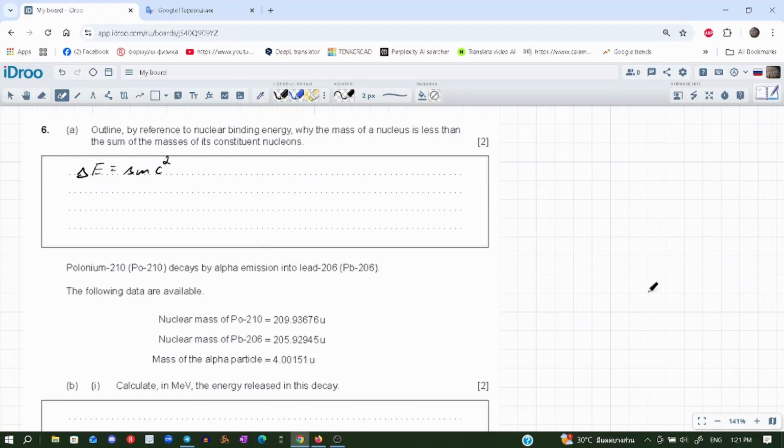So if we want to separate them, we have to spend some energy on it. And this energy that is released when nucleons come together, this is that mass defect. We call it a mass defect. That's why the mass of a nucleus is always less than the sum of the masses of its constituent nucleons, of neutrons and protons.